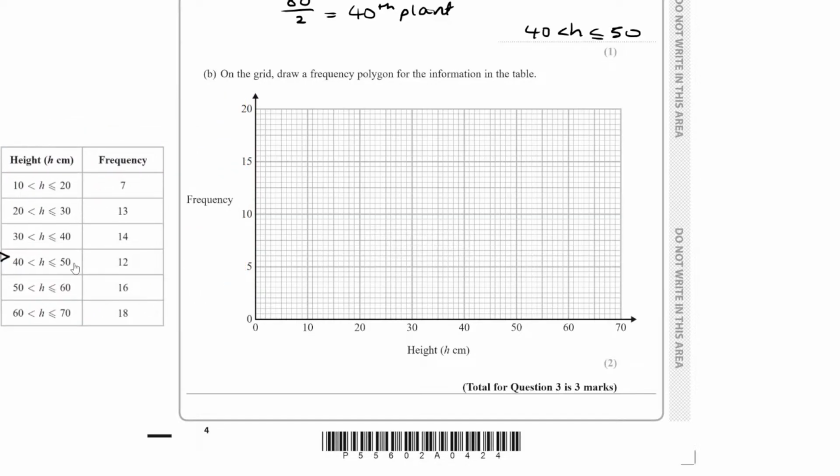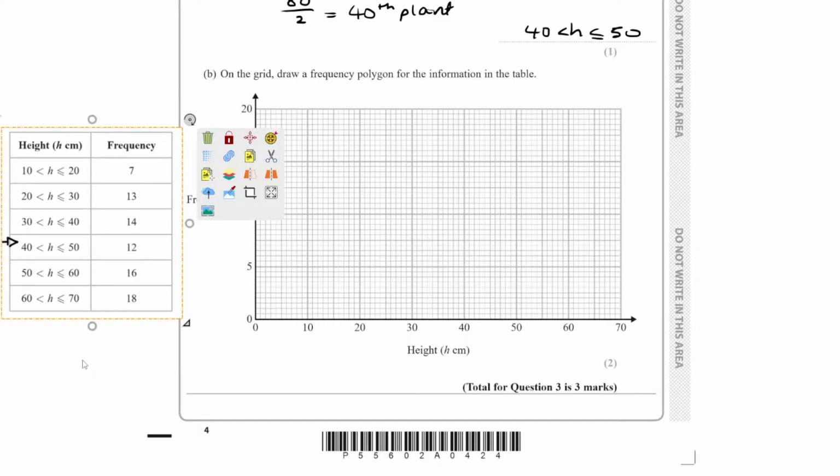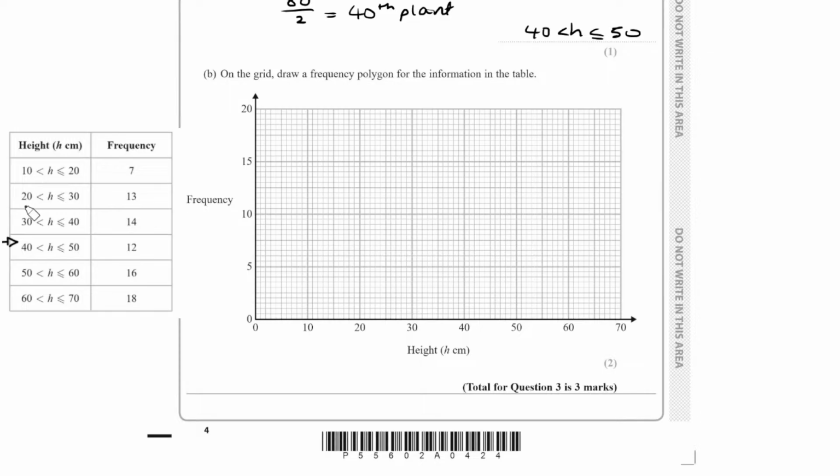There you go. Obviously you'll be able to see it on your page, but just so that I can zoom in enough. Now frequency polygons is the one where you do plot the midpoint. Cumulative frequency is the one where you don't plot the midpoint.